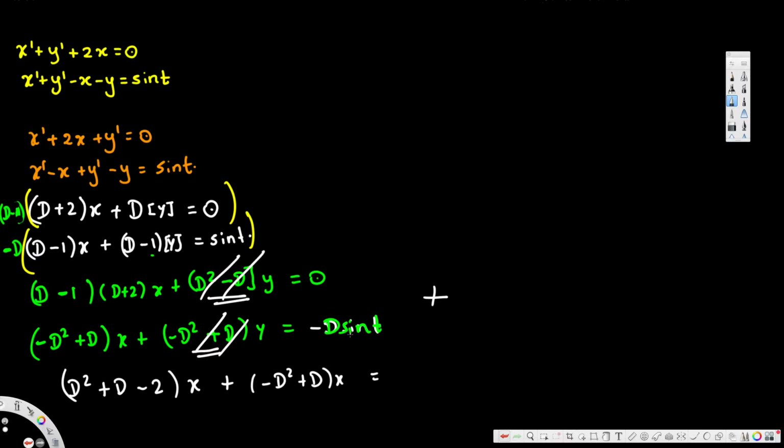Here it's easy to take the derivative of this one. If you take the derivative of sine t, that's going to be cos t, and since the negative sign is in front, we just keep it as it is. So this is going to become negative cos t. And instead of D squared, D and everything, we can replace it with x double prime: D squared x is x double prime, plus Dx, that's x prime, minus 2x, plus negative D squared x, that's negative x double prime.